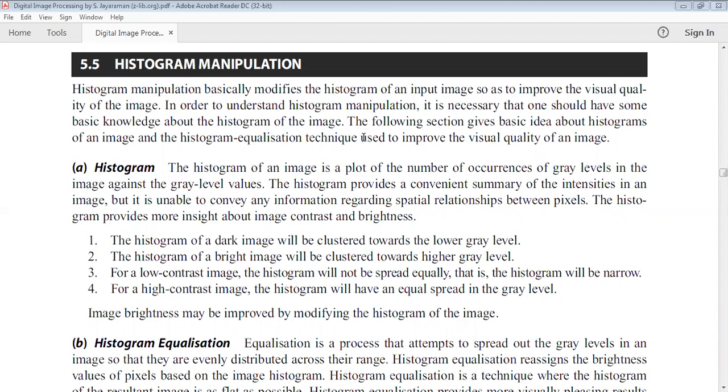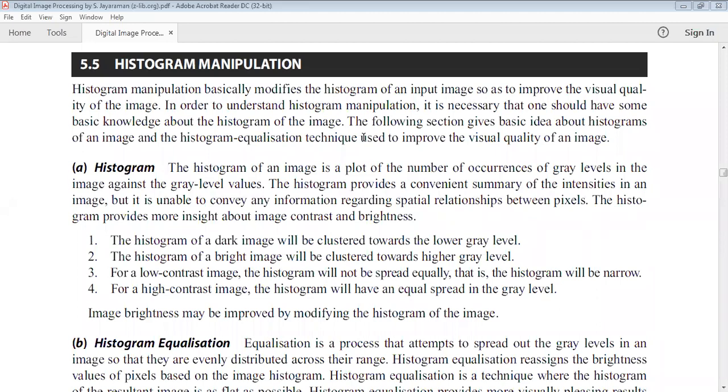So each gray level, how many times it is repeated in that image, is calculated in the histogram. Gray level 0, how many times repeated? Gray level 1, how many times? Gray level 2, and so on up to gray level 255.